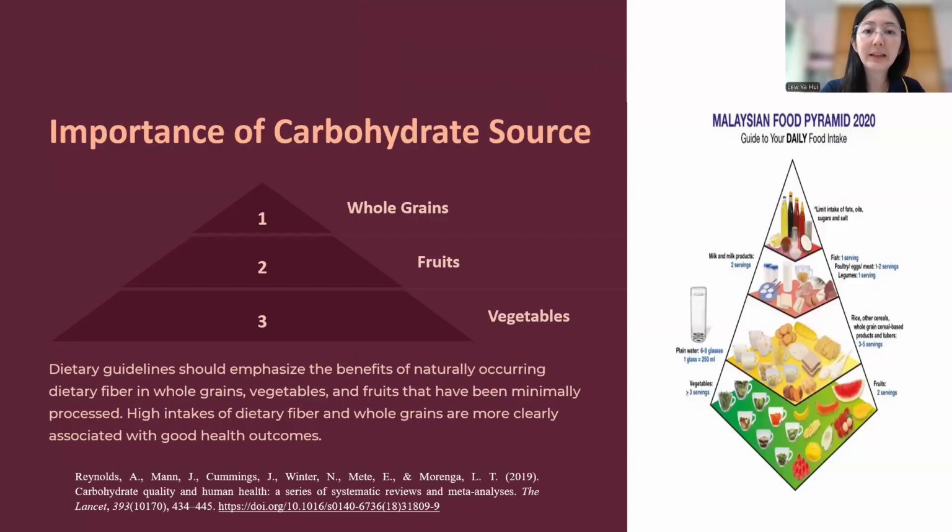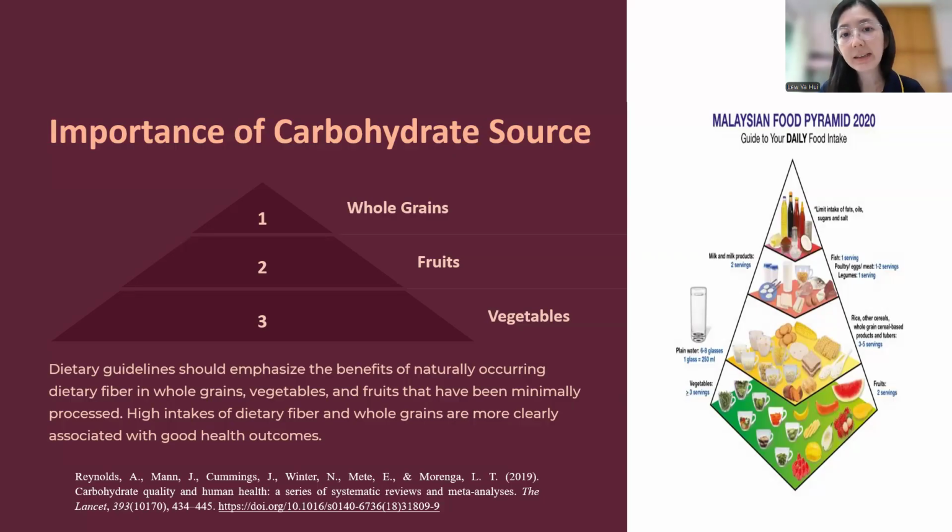Now, research findings based on a series of systematic reviews and meta-analyses provide convincing evidence for the importance of including advice regarding the nature and source of carbohydrates in dietary guidelines. This aims to reduce non-communicable diseases.